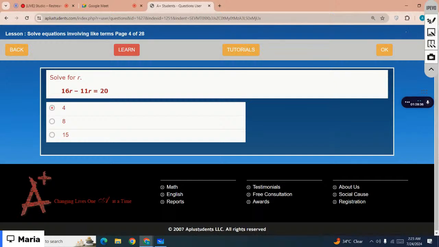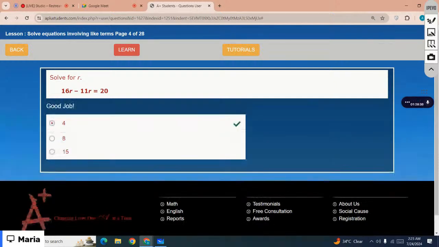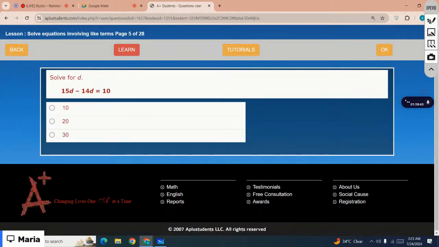The correct option is r equals 4. Solve for d. 15d minus 14d equals 10.